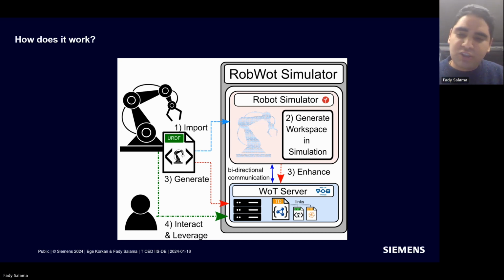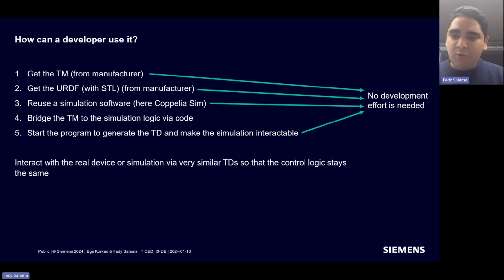So that's generally just the big overview, but let's look at exactly how a developer would normally use such a simulation. The first thing is, if you have a robot, the developer would probably get its thing model, which is basically its interface, all the interfaces described by the manufacturer.